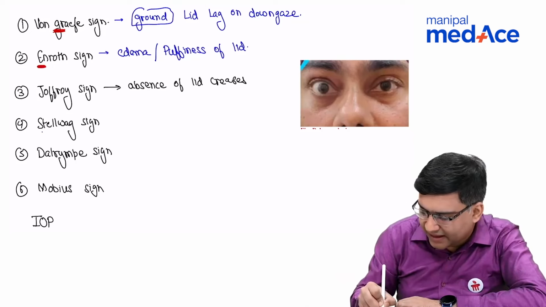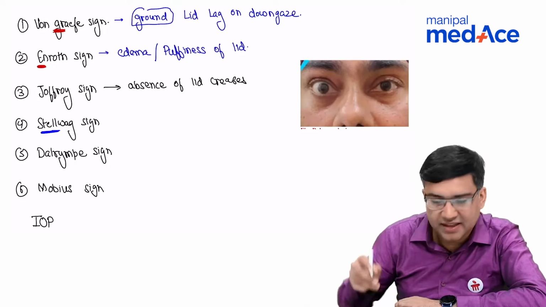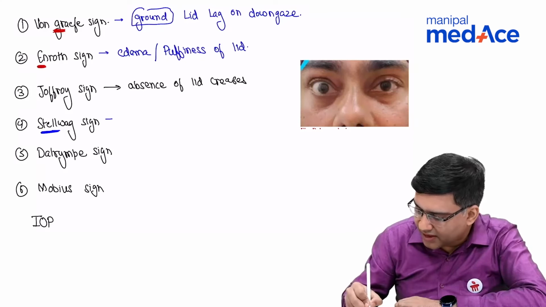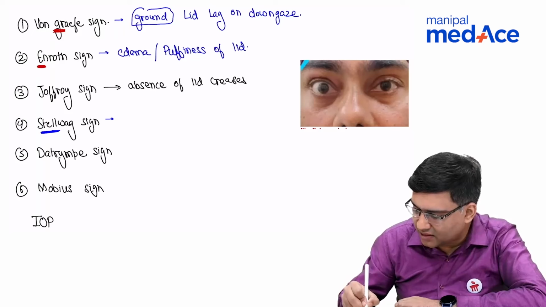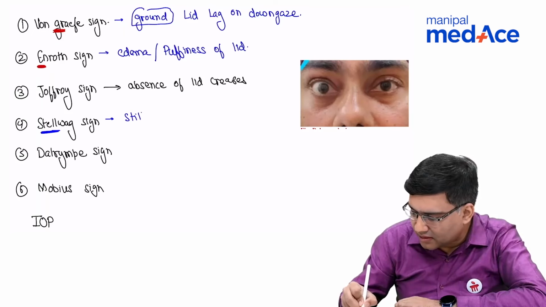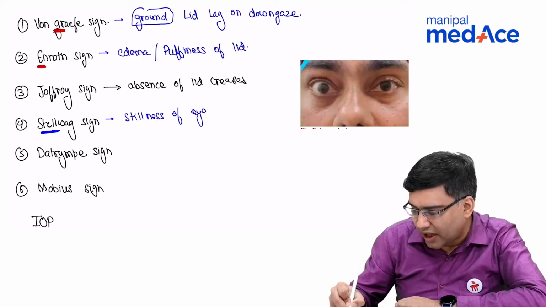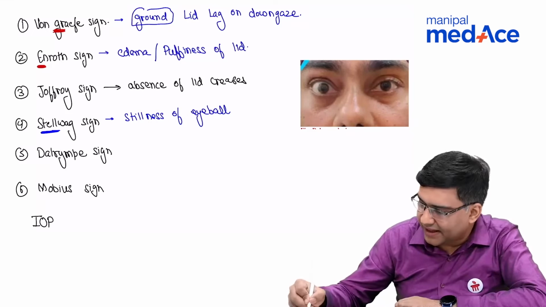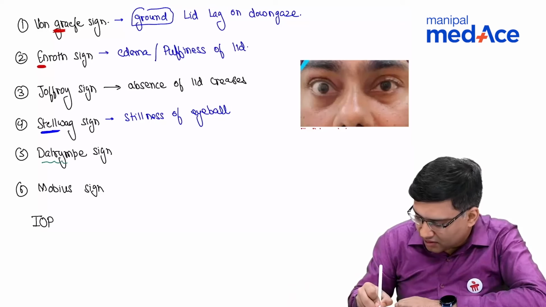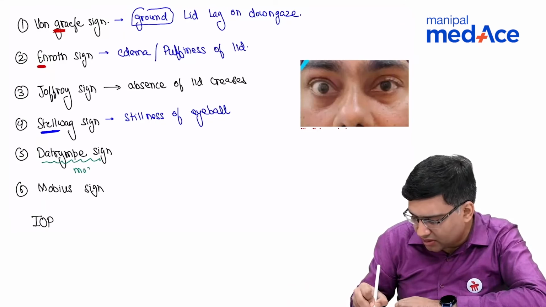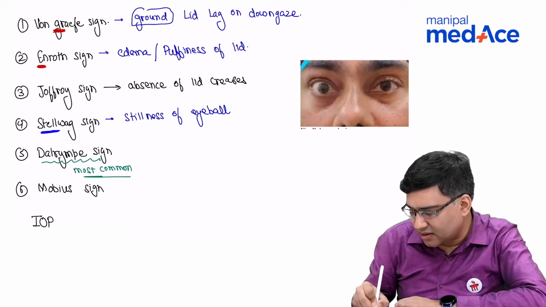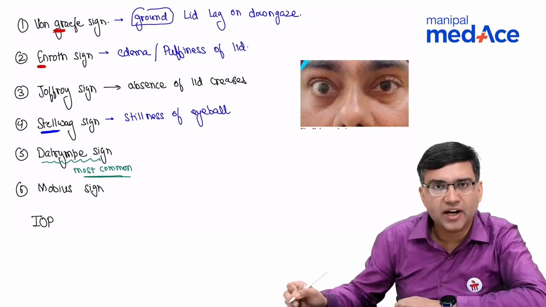Again, Stellwag sign, you can remember it with still. Still means it is not moving. So Stellwag sign means that there is stillness of eyeball. There is restriction of the movement of the eyeball. Dalrymple sign is the most commonly seen lid sign of thyroid ophthalmopathy.